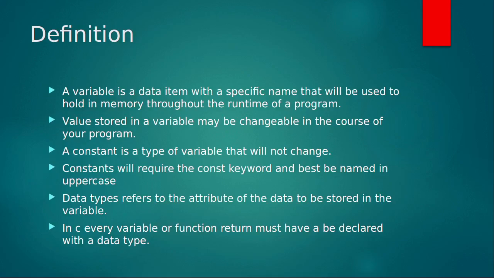Data type is just the attribute of the data that you are storing inside your variable. You need to let the compiler know the attribute of that data. C is a compiled language and it is statically typed. So it wants you to define the type of data that you are storing in any variable, or the type of data that your function will return.